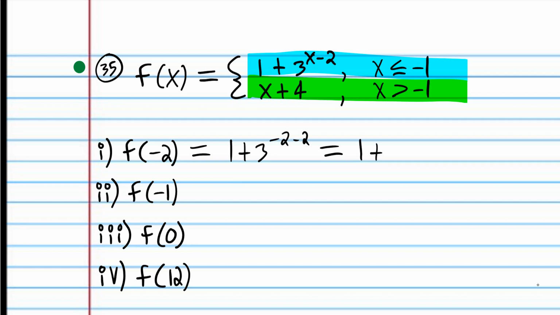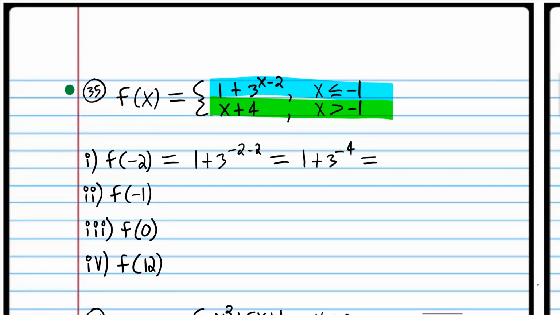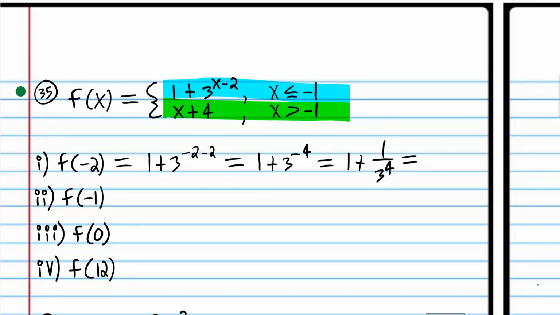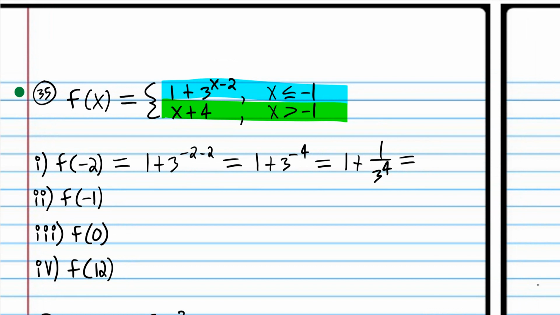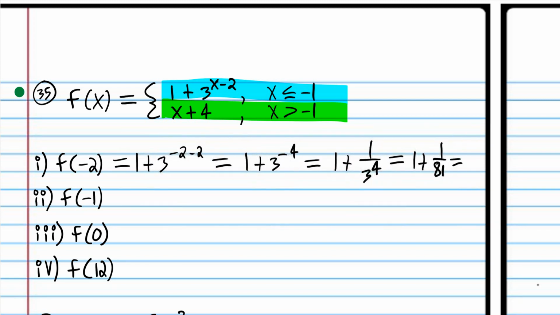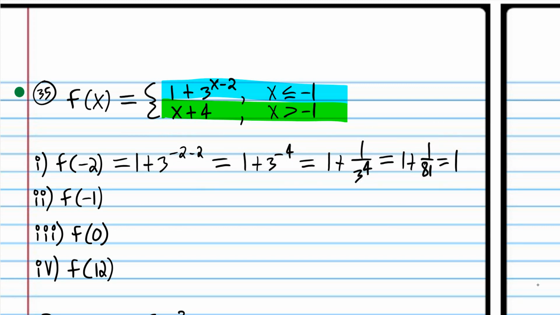So we have 1 plus 3 to the -4th power, which is 1 plus 1 over 3 to the 4th power. So that's exponent rule number 8. Then we have 1 plus 1 over 81. And probably the easiest way to write that would be to just create a mixed number. So we have 1 and 1 over 81.